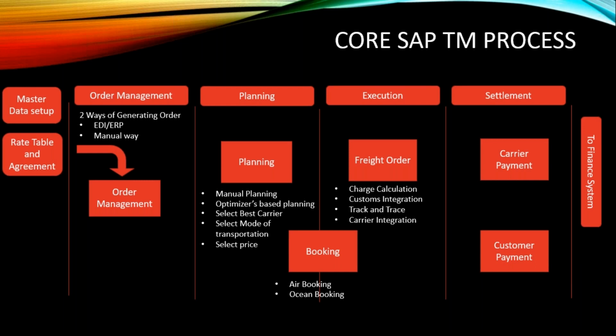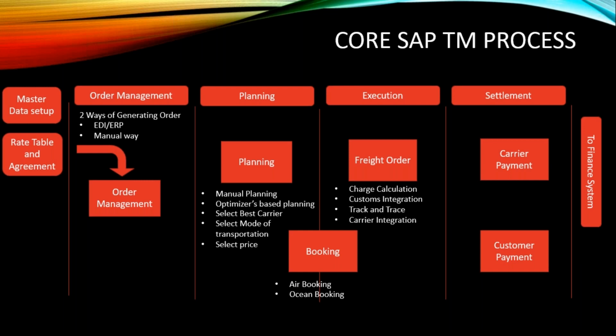That is your air and ocean booking. So there are a lot of things which will be completely common between your freight order and freight booking. But since these two have certain distinguishing parameters based upon the transportation mode, the way of operation will definitely be changed.